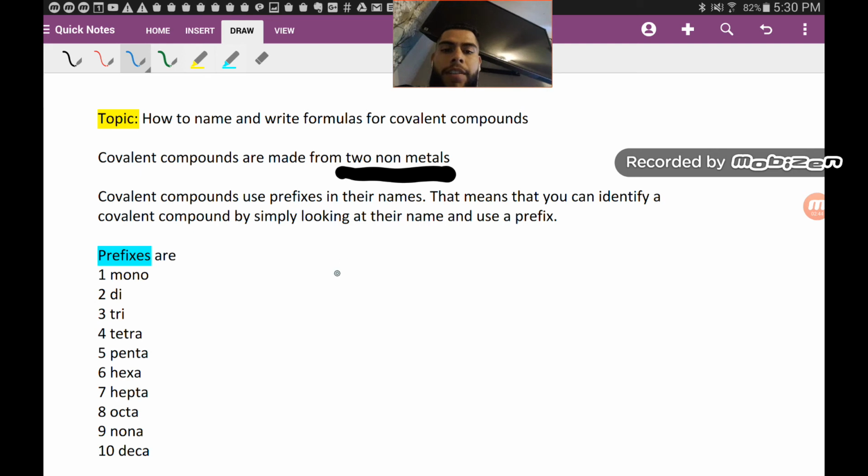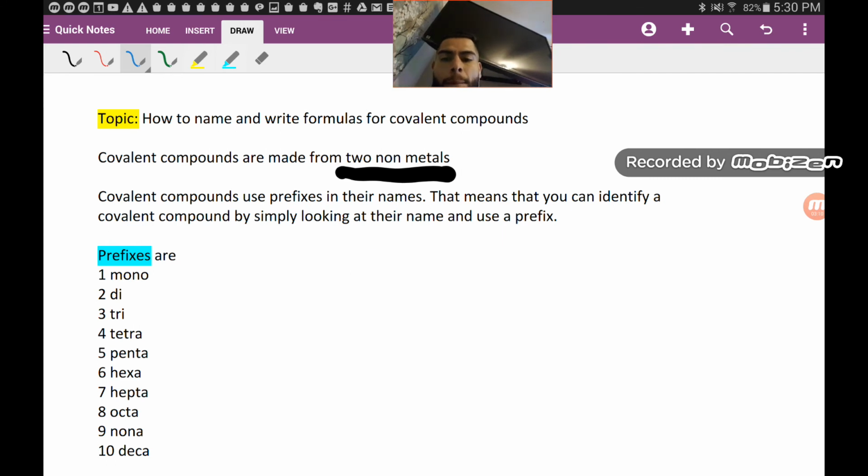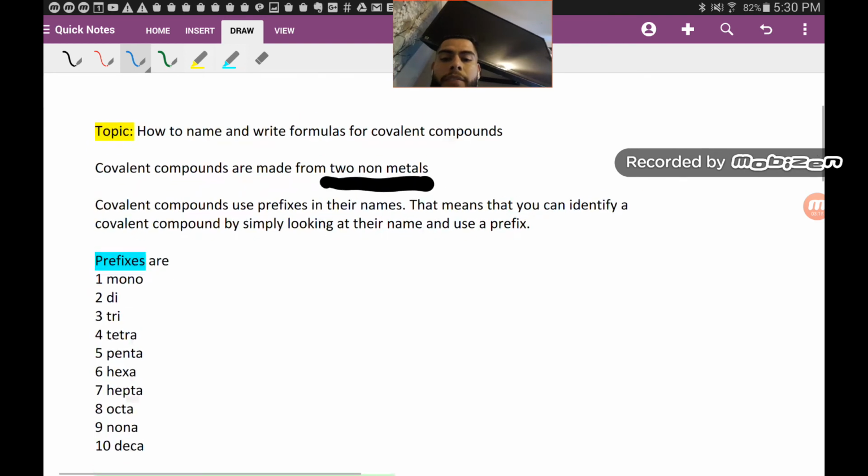So if we said O2, that will be dioxide because we have two oxygens. That will be tetra because we have four carbons, and so on. Okay, so covalent compounds will use prefixes, and remember, the prefix tells you the amount of atoms of that element that you have.